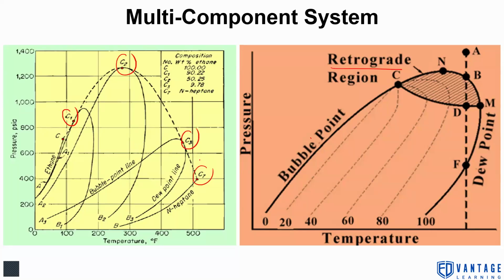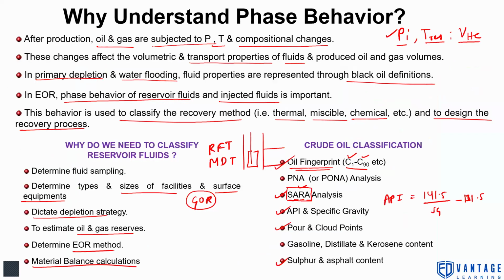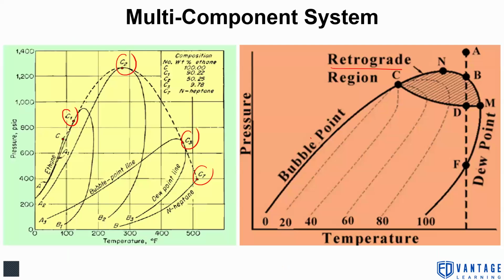So when your pressure drop dictates your amount of gas and liquid in the reservoir, your phase envelope will shift towards top or bottom, depending on the composition of each carbon number based on the hydrocarbon footprint or carbon number footprint, which was in the very beginning slide. Your oil fingerprint matters the most at the certain pressure and temperature. So the retrograde region, I'll discuss this in a later slide. I have a beautiful slide for this.